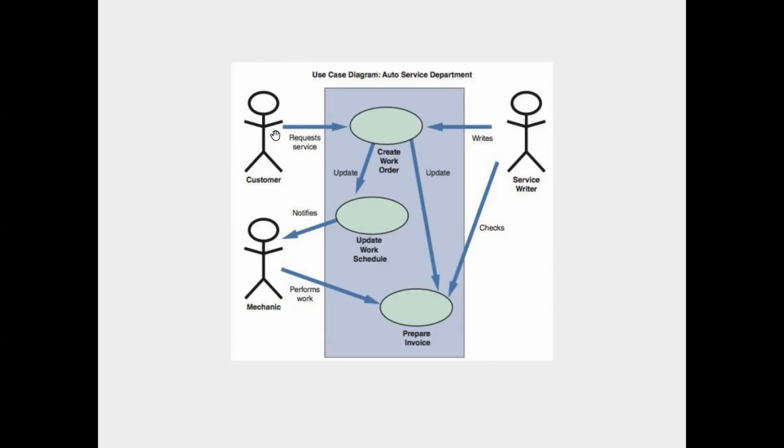So for example, the customer first requests the service, and then it will create the work order, and the service writer is the one who writes this. And then the mechanic is notified by the update work schedule, because once you do this, this will use the update work schedule to create the work order.